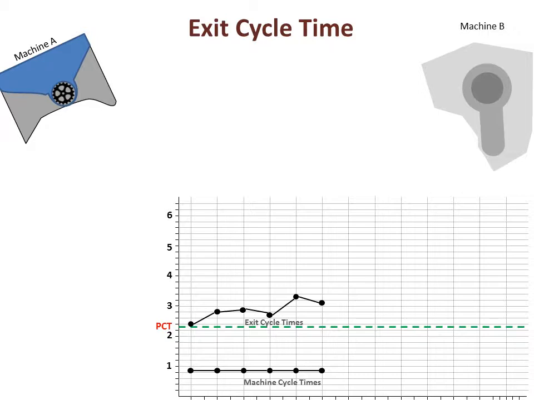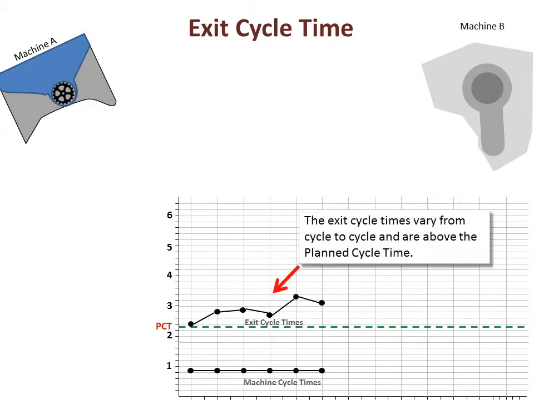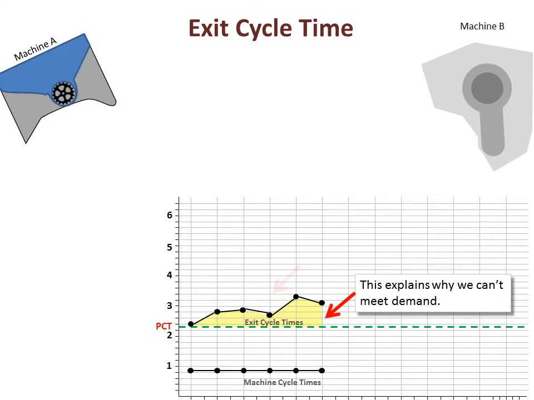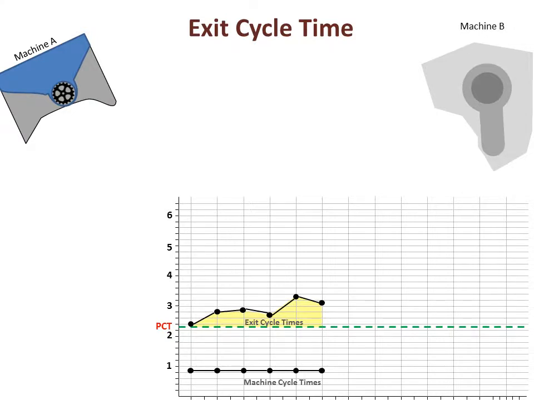Charting these times shows that the exit cycle times vary from part to part and that they're all above the planned cycle time. This explains why we can't meet demand. We're not exiting the parts through the process at a fast enough pace.